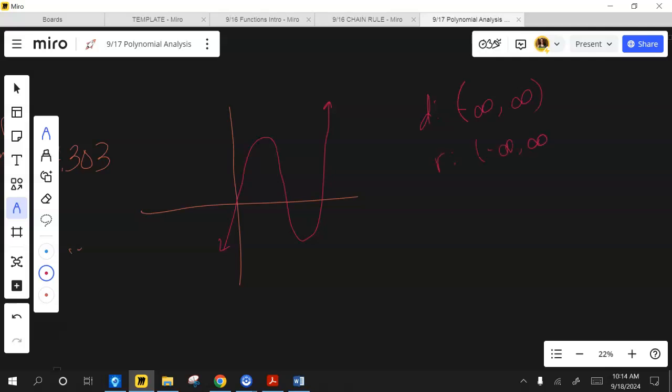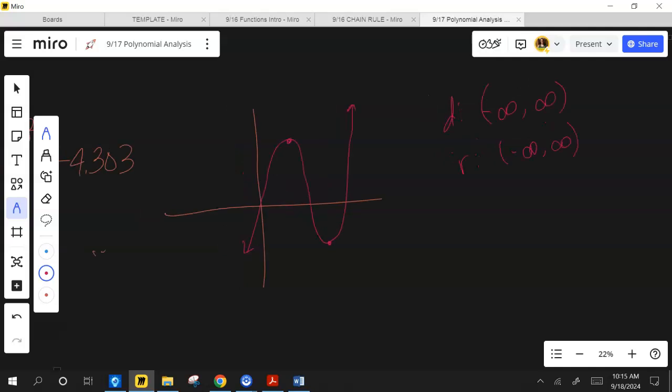Negative infinity. Every odd function, if it is an odd degree, the domain and range are going to be negative infinity to infinity. Then the range is going to be restricted depending on if it opens up or down. So if I am doing this, what I would do is I would label these relative maxes and mins.